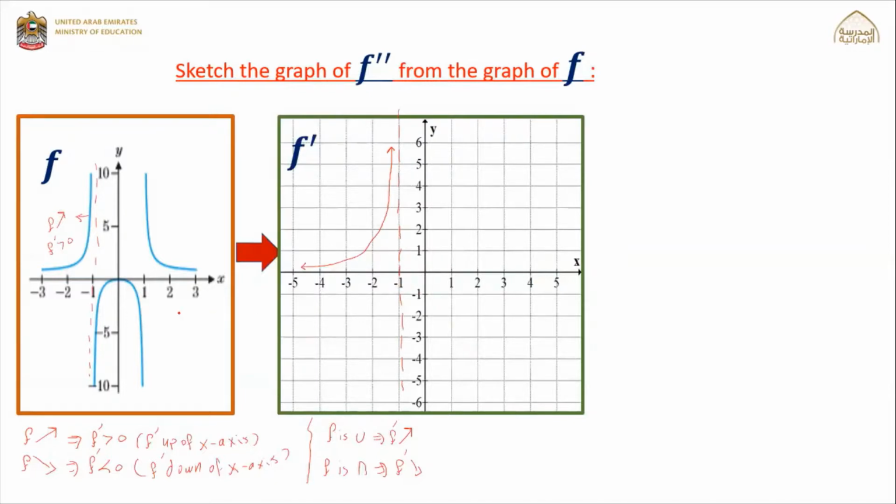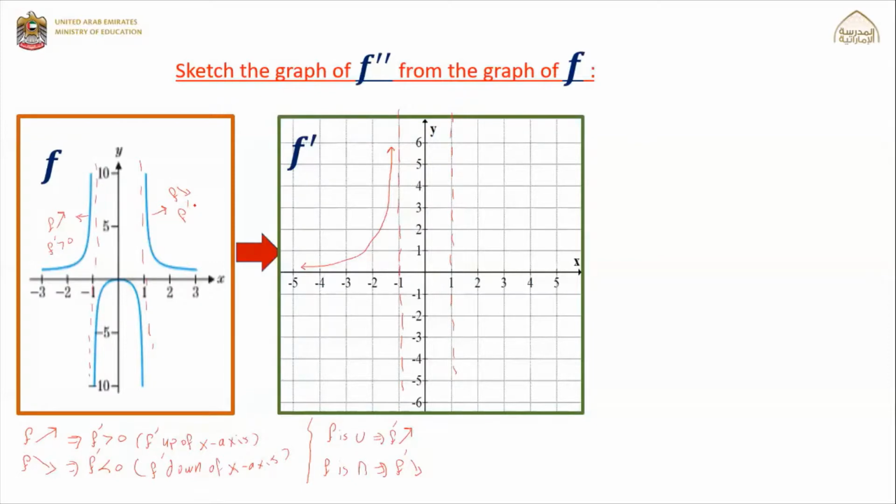Now, what about the third part, from 1 to infinity? From 1 to infinity, I think f prime also has a vertical asymptote at x equals 1 because f has a vertical asymptote at x equals 1. What about function f here? F is decreasing.